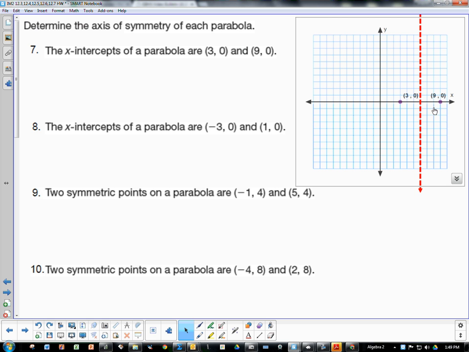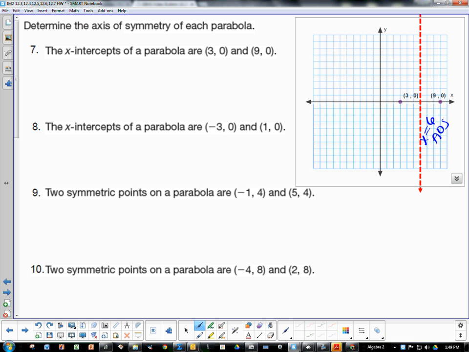You can see it's 1, 2, 3 away, and then 1, 2, 3 away. The equation of this has to be x is equal to 6. There's your axis of symmetry. So it's directly between.